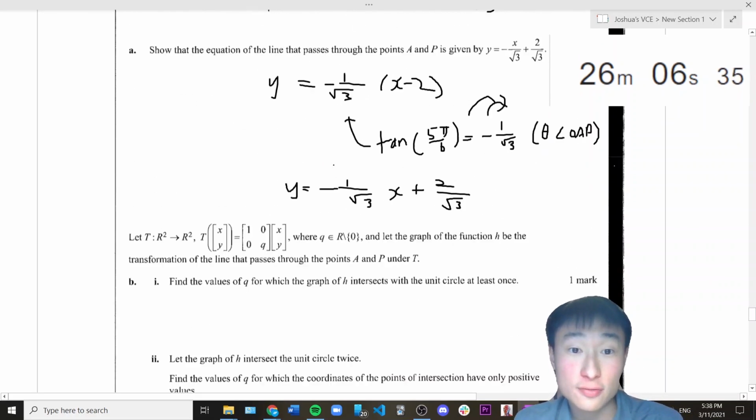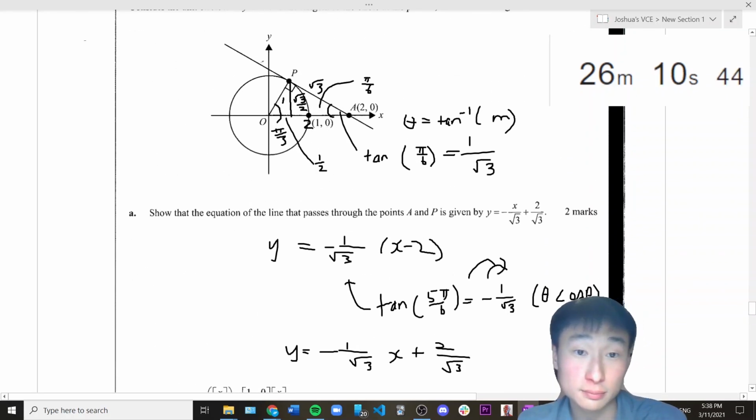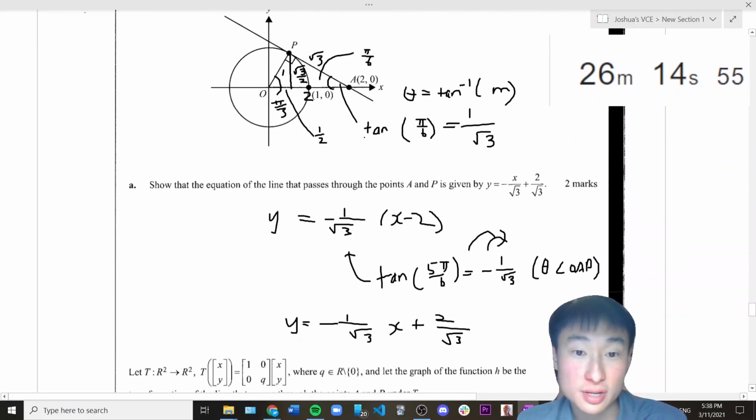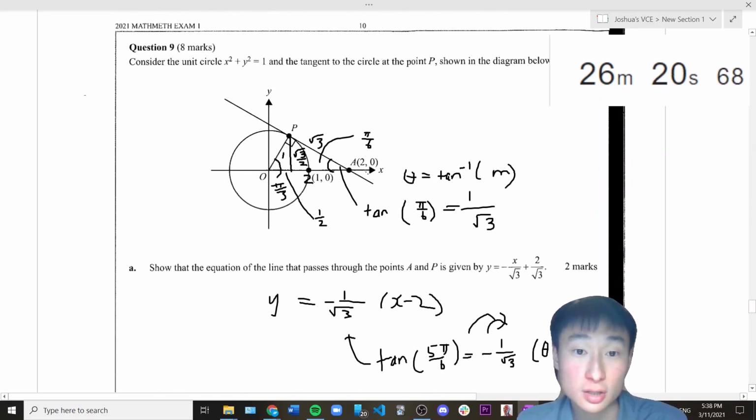So a dilation factor from the x-axis would make it closer or further away, which means that if it wants to intersect with the unit circle at least once, then the line has to be between this point and this point here.